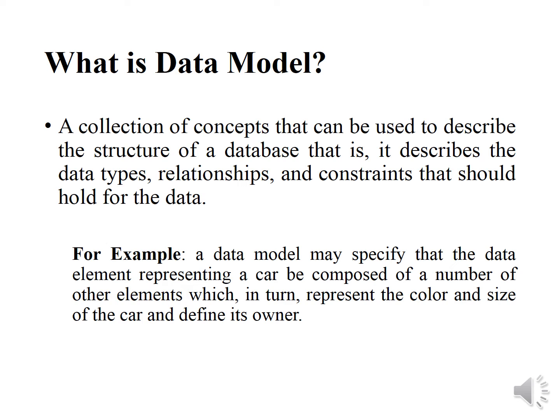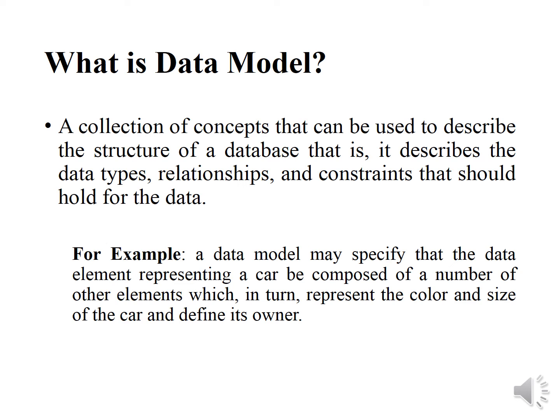What is a data model? A data model is a collection of concepts, and these concepts are used to describe the structure of the database. By the structure of the database, we mean data types, relationships, and constraints that should hold for the data. We can take the example of a car.